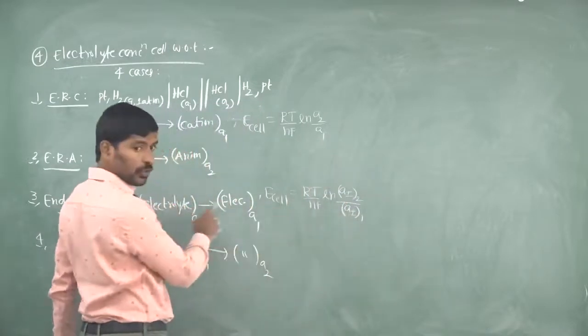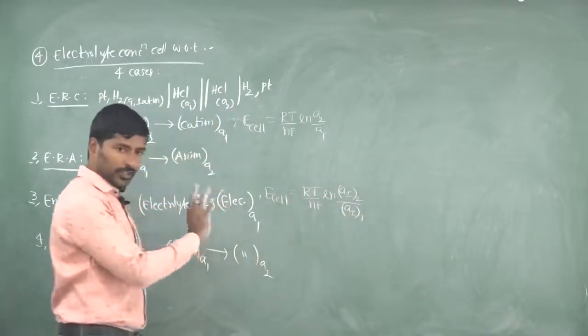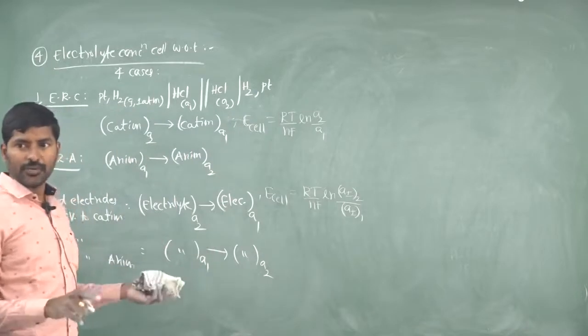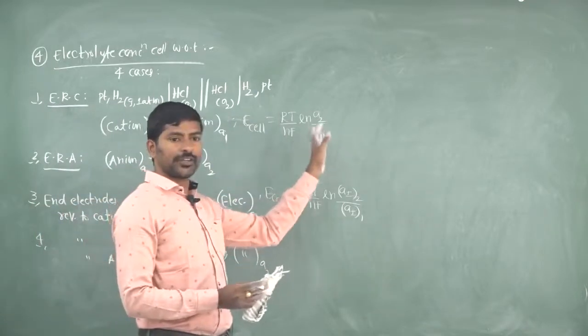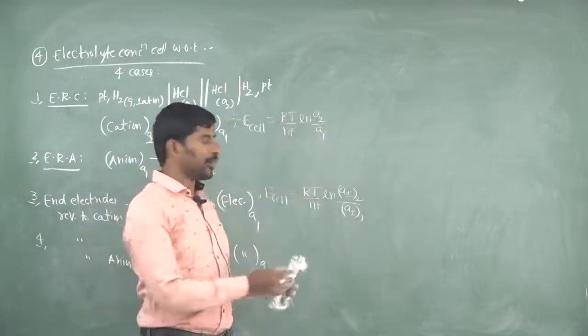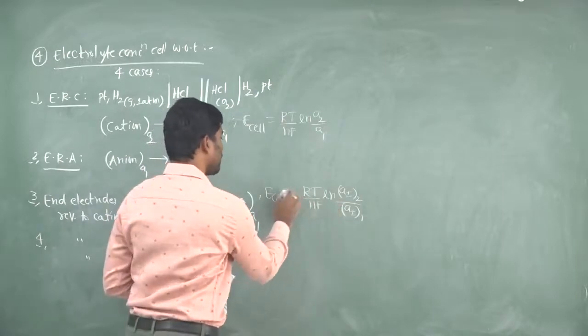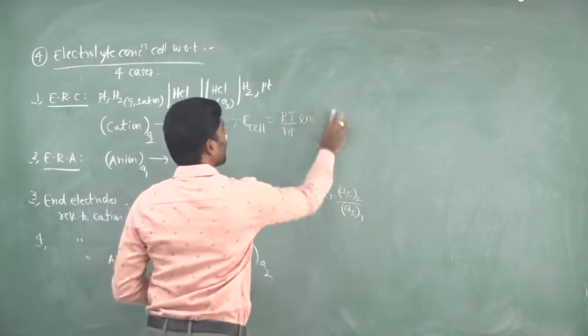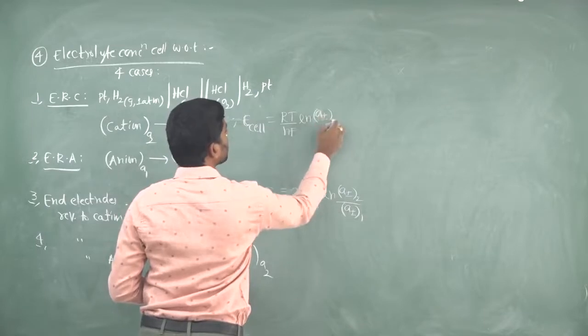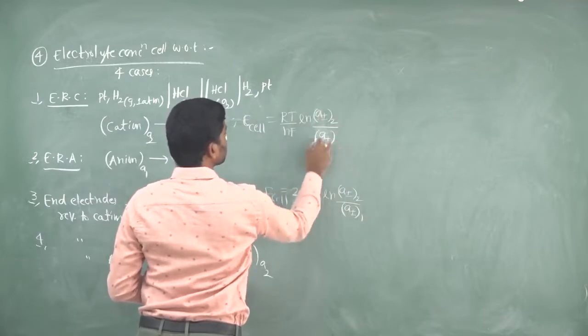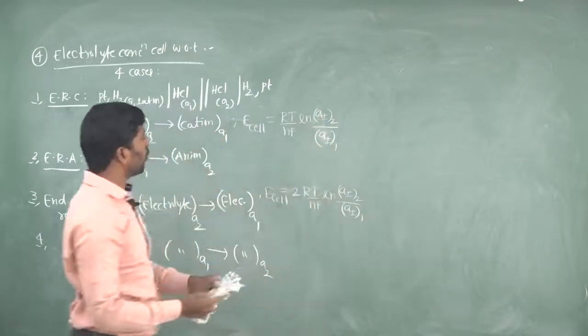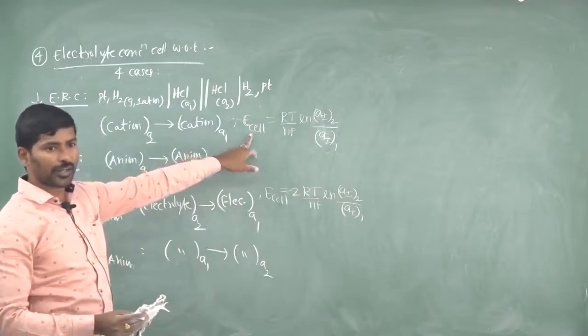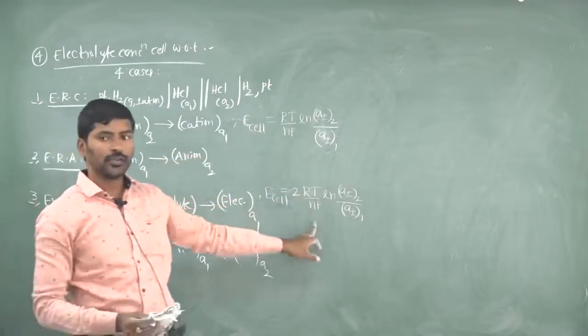Here both the ions are involved, a 1:1 electrolyte. For a 1:1 electrolyte, the activity is equal to A plus or minus power 2, so power 2 we will get. E cell is equal to 2 times that. Here also you write it with respect to mean ionic activities. See the difference: there only one ion is involved, so we do not get power 2. Here both the ions are involved, so we get power 2.